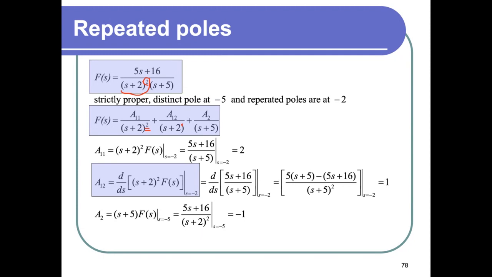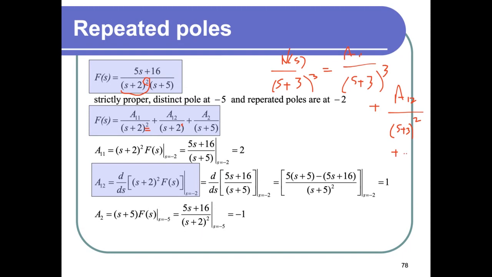So the first one, you have the highest order, then the second one, you have just the power of 1. So if I have, let's say, something here, call it n of s over s plus 3 all cubed, then I will still have A11 over s plus 3 cubed, then I will have A12 over s plus 3 squared.